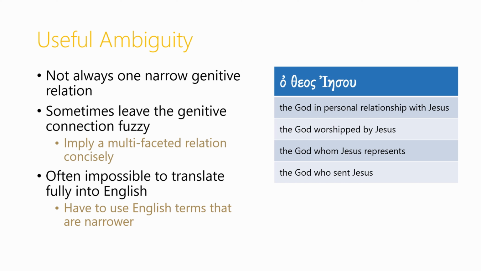But we want to be aware that in some cases, we don't want to push too far for a black and white, one or the other choice between different kinds of relationships. Sometimes the author has more than one kind of relationship in mind and is capitalizing on how ambiguous the genitive is in order to express that cluster of relationships in a very terse way.